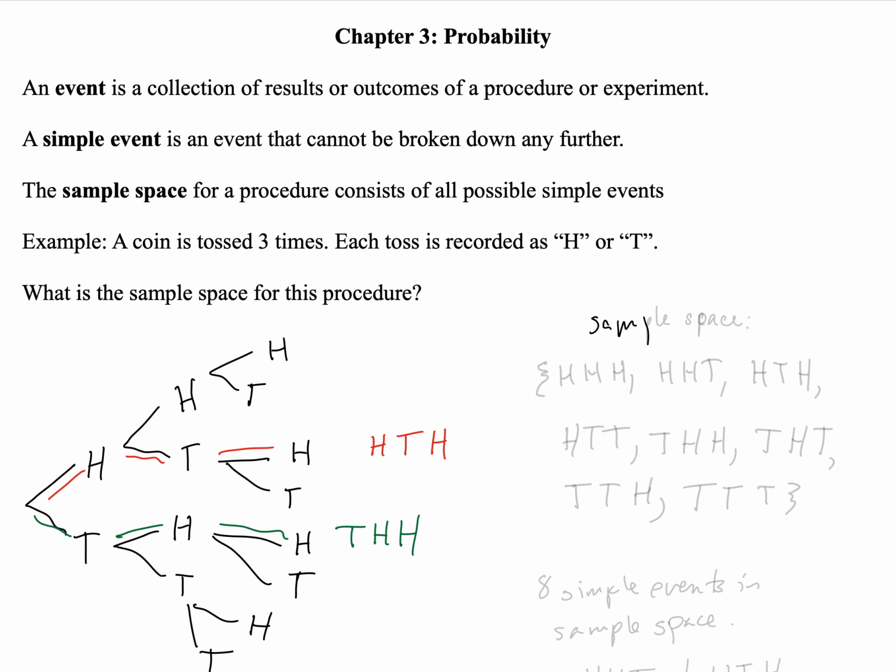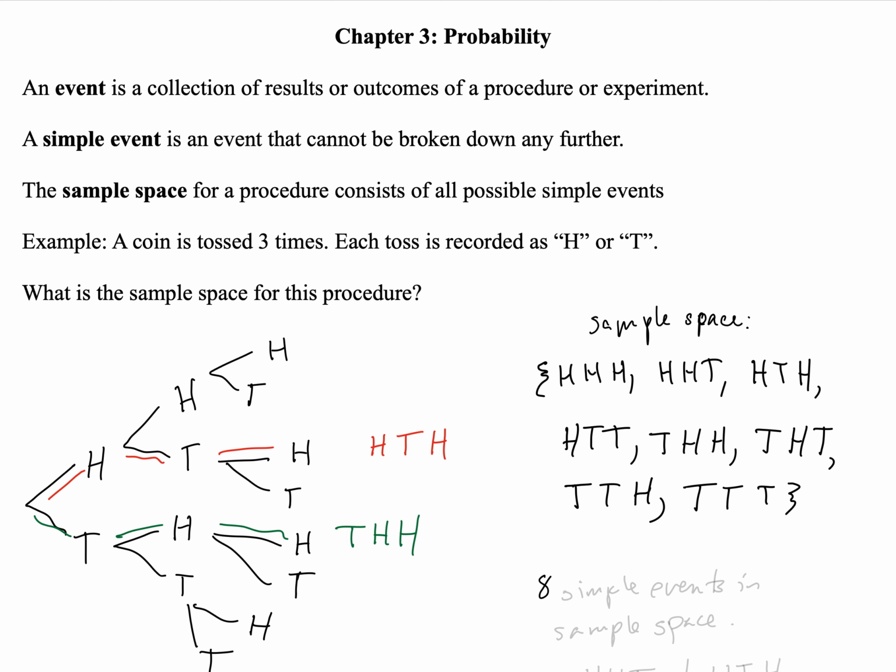So the sample space for this procedure is our set of all simple events, and in this case that's HHH, 3 heads in a row, or HHT, 2 heads and a tail, or head, tail, head, or head, tail, tail, or tail, head, head, or tail, head, tail, or tail, tail, head, or tail, tail, tail.